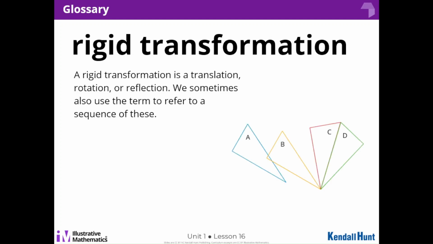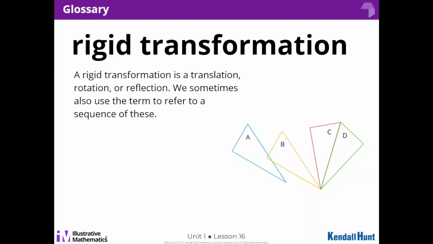Rigid transformation, these are translations, moving up, down, left, right. These are rotations, clockwise or counterclockwise. And these are reflections, where we have a line of reflection and we reflect the shape across that line.